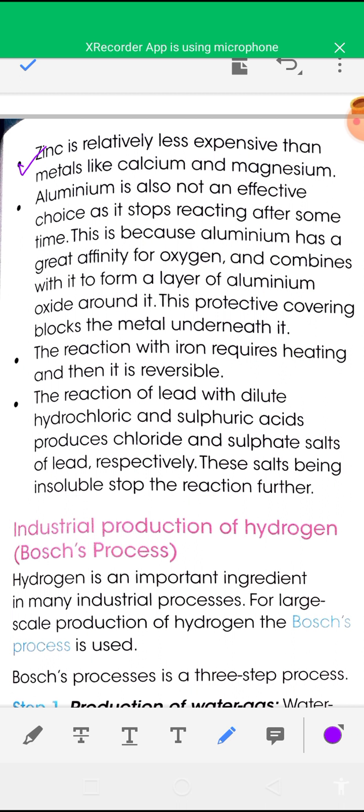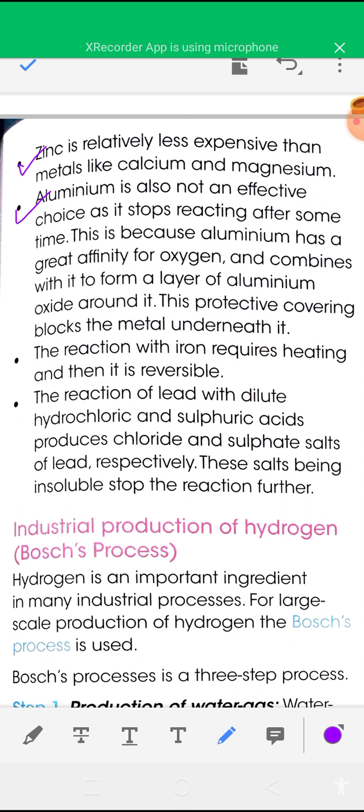The next reason is about aluminium. Why is aluminium not used? Because aluminium is not an effective choice, as it stops reacting with sulfuric acid after some time. You will get hydrogen when aluminium reacts with sulfuric acid, but the reaction will stop after some time.